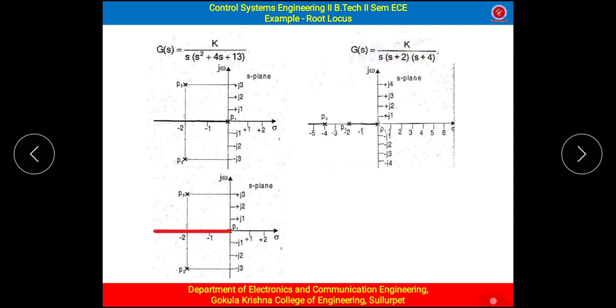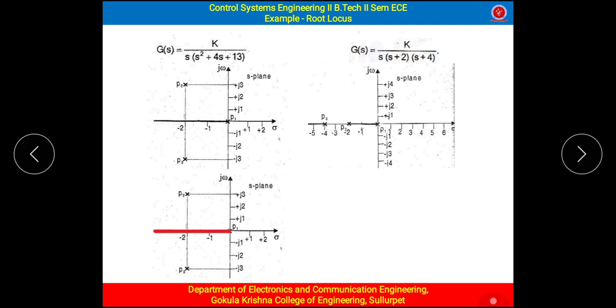Okay, coming to the second example. In the second example, we don't have any poles or zeros towards the right side from s is equal to 0. Then you go from s is equal to minus 2 to s is equal to 0. Okay, between that particular area, if you choose any test point, then obviously there will be one pole towards right side, which is s is equal to 0.